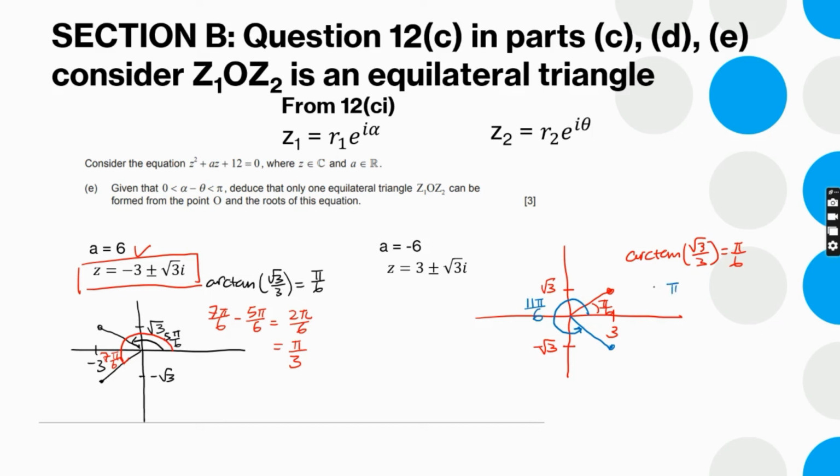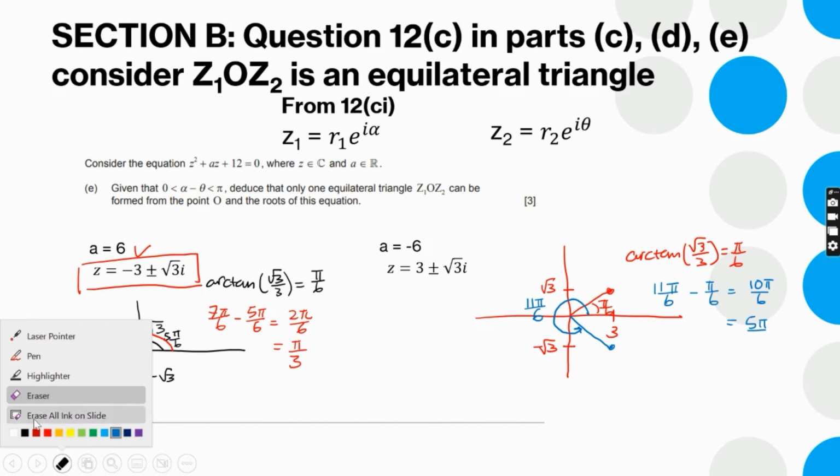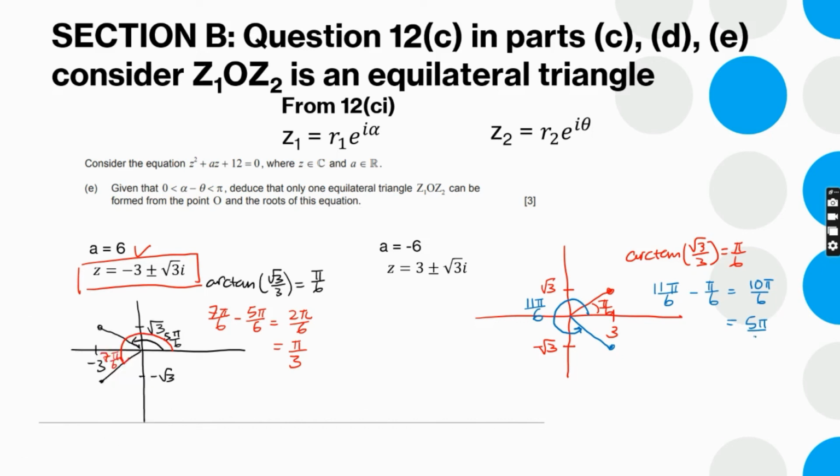Let's find the difference. 11 pi over 6 minus pi over 6 gives 10 pi over 6, which is 5 pi over 3. The difference is 5 pi over 3, so this is definitely not it. So minus 3 plus or minus root 3 i would be the pair that gives you the equilateral triangle. And all that for just 3 marks. That's a lot of work.